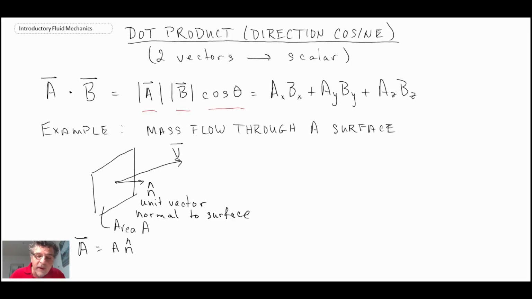Now, what we can do with the dot product, I mentioned, is it enables us to determine the mass flow rate through a surface. One thing that I forgot to mention here is the angle. There's an angle, shown as theta, and it's the angle between our unit vector n and the vector v that we're interested in.